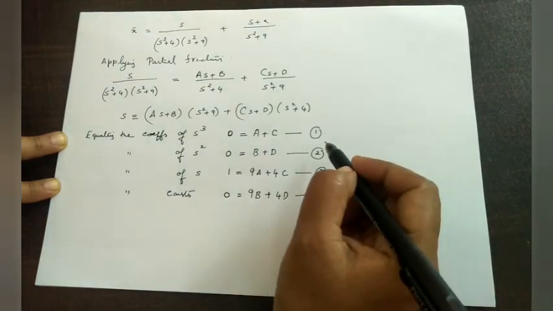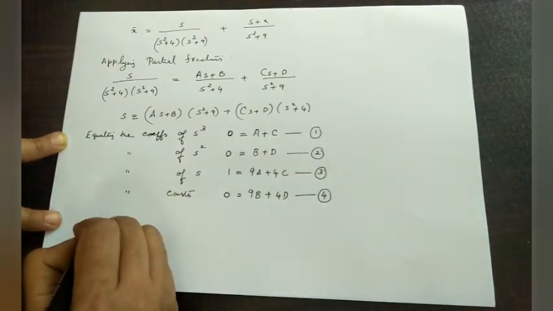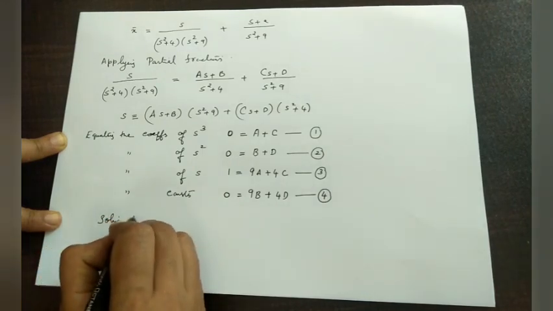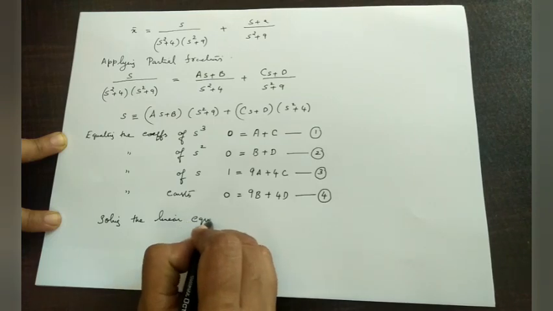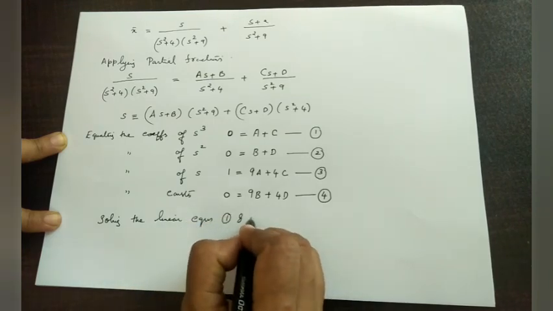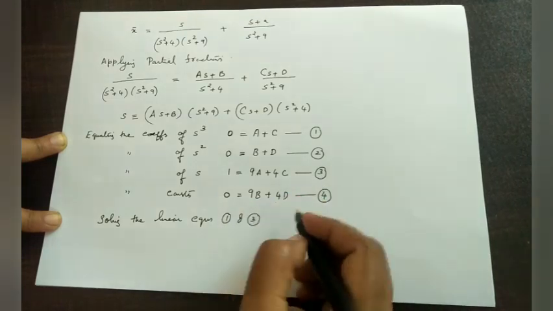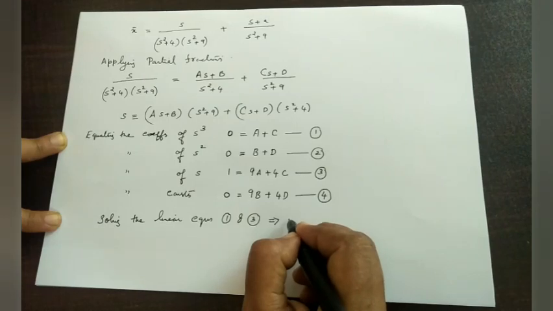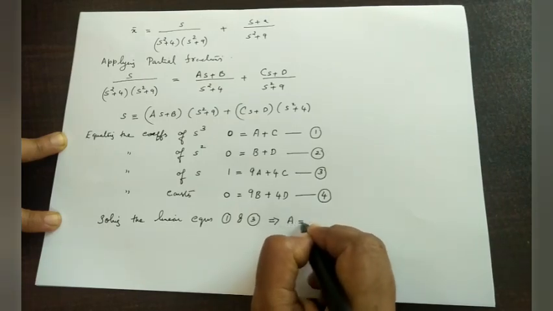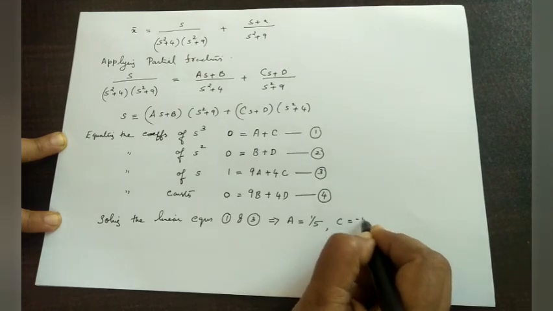First of all, solve the equations 1 and 3. As you know how to solve linear equations, I am writing the answer: a equal to 1 by 5 and c equal to minus 1 by 5.